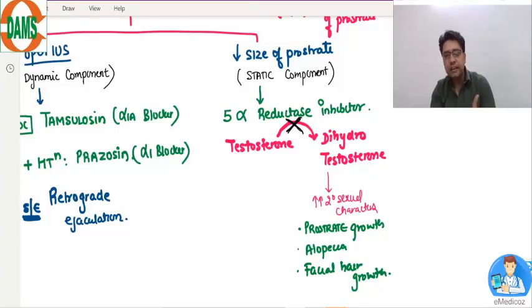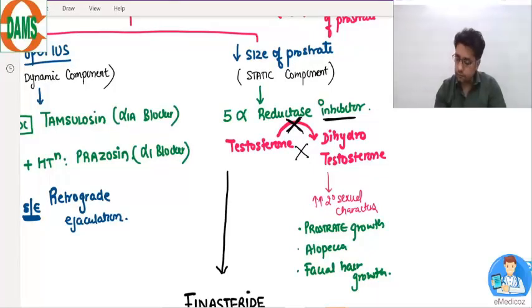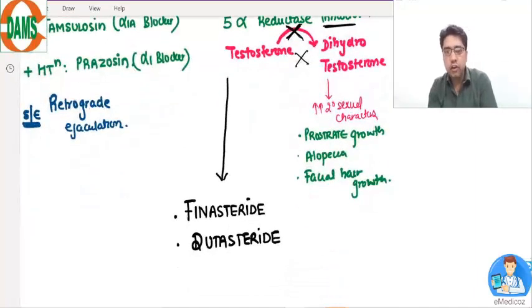So 5 alpha reductase inhibitors inhibit the conversion of testosterone into dihydrotestosterone. What are these drugs? The two drugs you will write are finasteride and dutasteride.